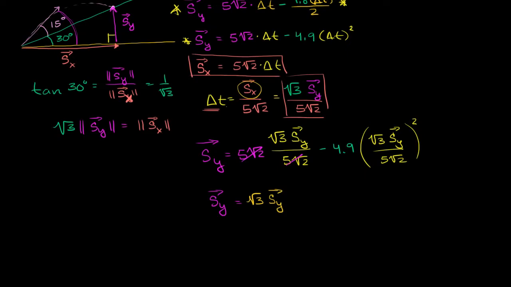And then we have minus 4.9 times this quantity squared. So that's going to be the square root of 3 squared, which is 3, times the vertical component squared, and then over 5 squared, which is 25, times 2. That's the square root of 2 squared. So 25 times 2 is 50.